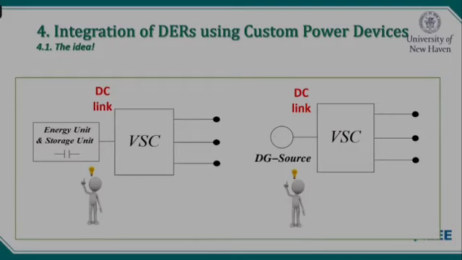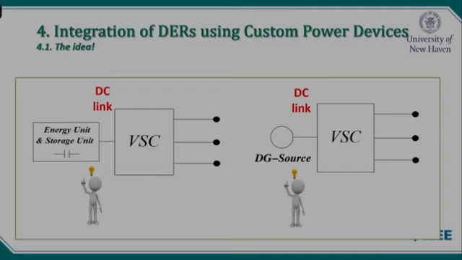Again, the idea presented in the last section, in section 3. In this slide, you can see again we have one voltage source converter. On the left side, again, we have a DC link, and the idea is this: it is possible to connect a DC energy storage system, such as a battery, on this link and use it.